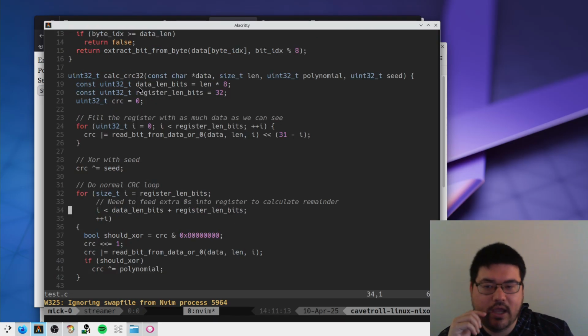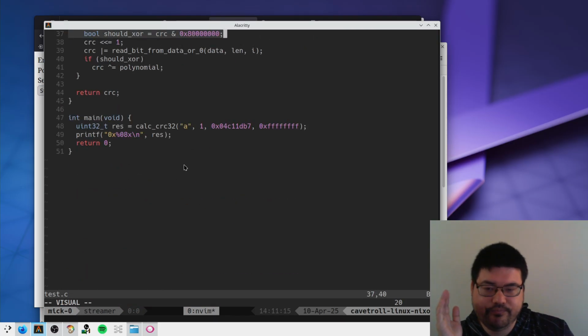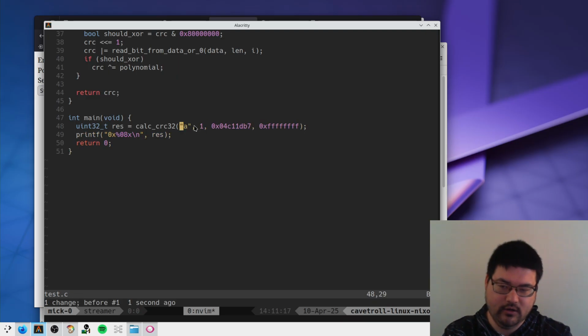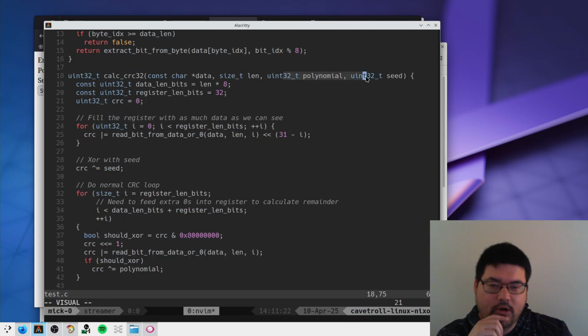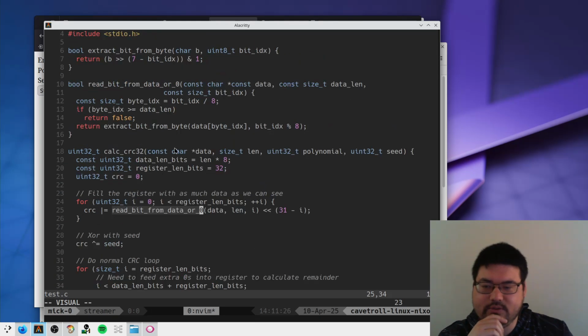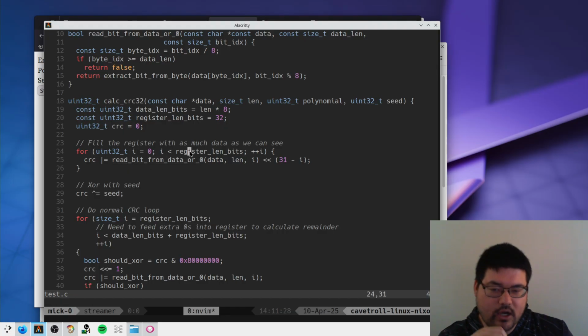So we go, okay, we got some data. Maybe we write hi in here. We have our polynomial, we have our seed, right? We go, okay, let's read the first 32 bits from this thing, right? We're trying to make a 32-bit CRC.